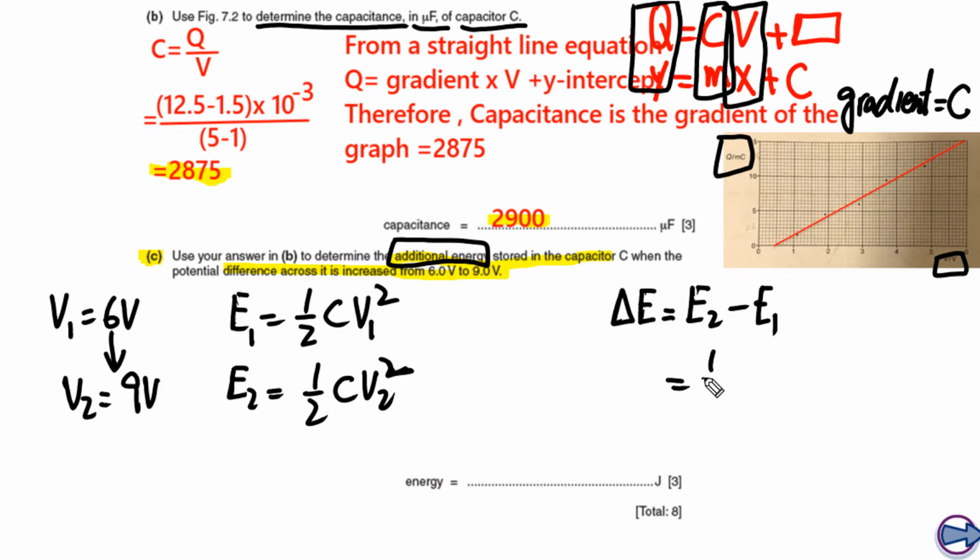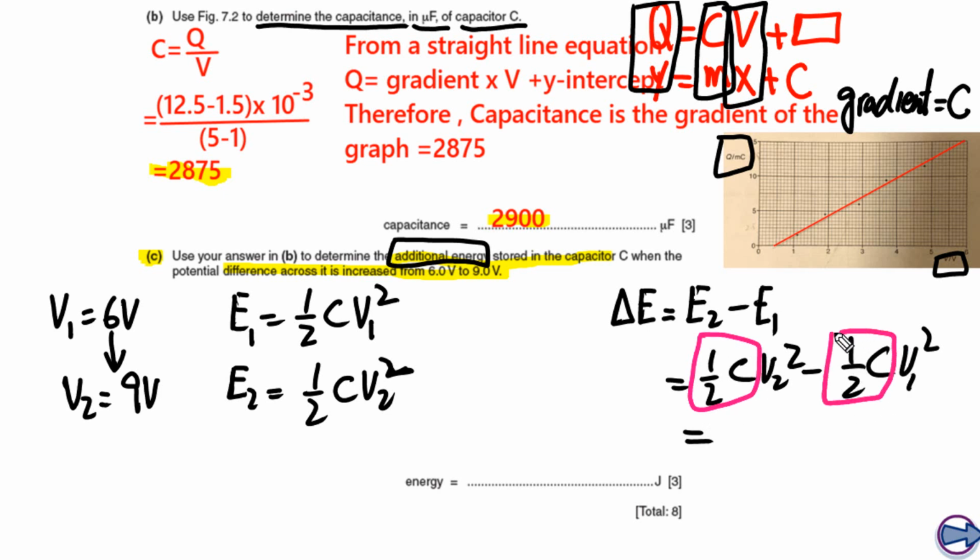So as you can see here, 1/2 CV2 square minus 1/2 CV1 square. What is common here? 1/2 C is common, so we can take this out. So 1/2 C, and inside we are left with V2 square minus V1 square.